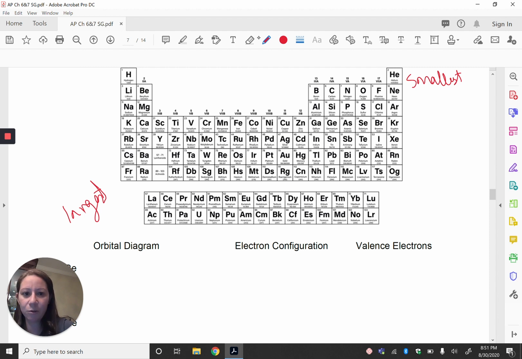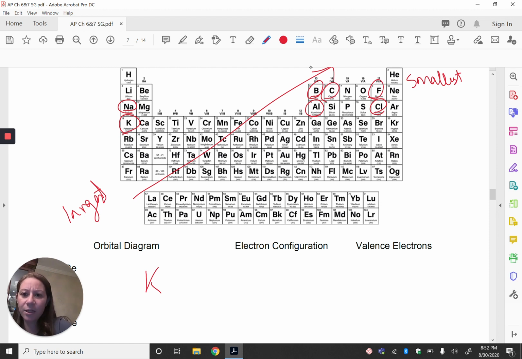So we have aluminum, boron, carbon, chlorine, potassium, sodium, and then fluorine. All right, so based on going this way, remember we said we're going to go that way. The first one that we see is potassium. So potassium is the largest one.